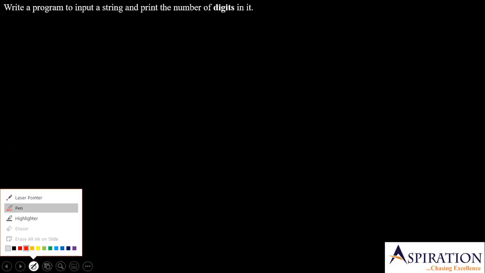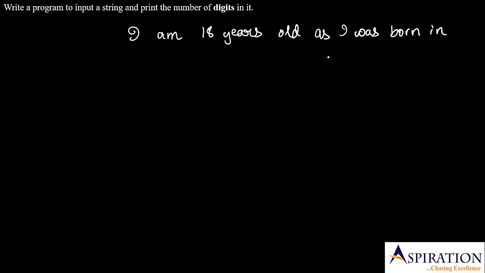We do this if I give you a sentence like I am 18 years old as I was born in 2003. ठीक है?